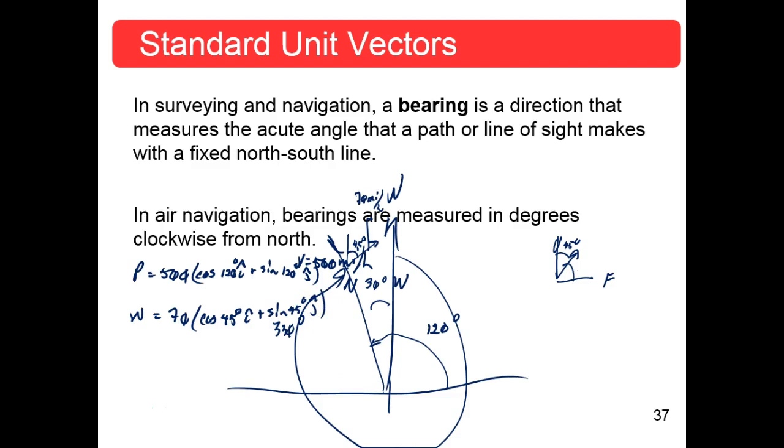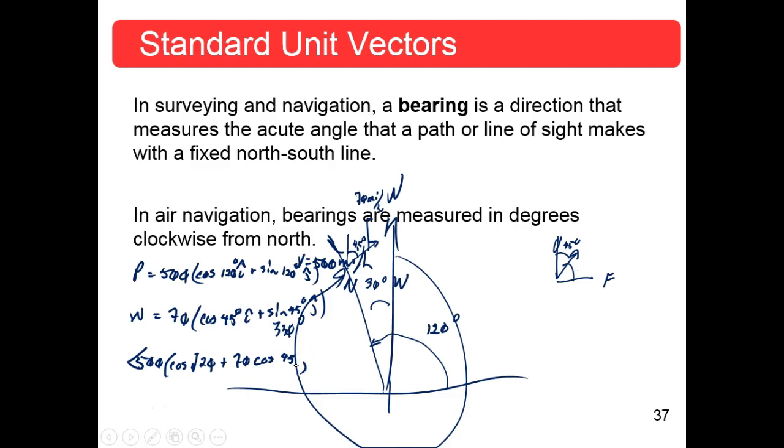Okay. So 500 cosine 120 plus 70 cosine 45.